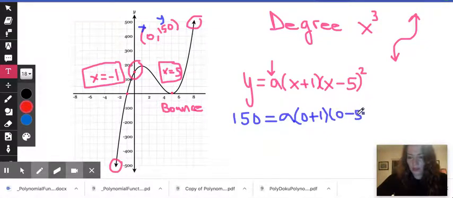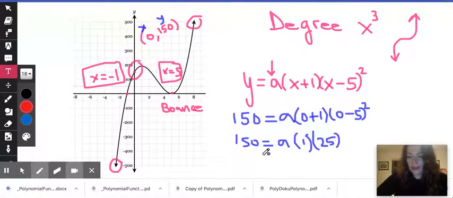We are going to simplify the equation. So 150 equals a times 1, and -5 squared is 25. And so we basically have 150 is equal to 25a.